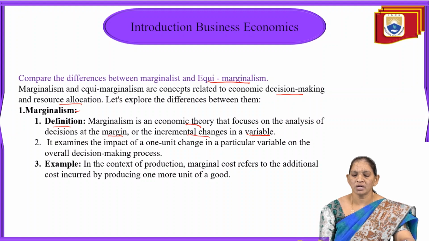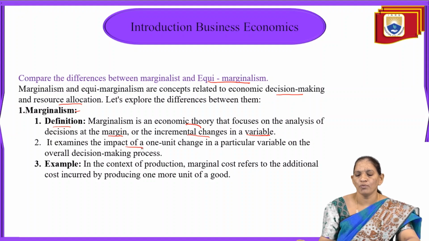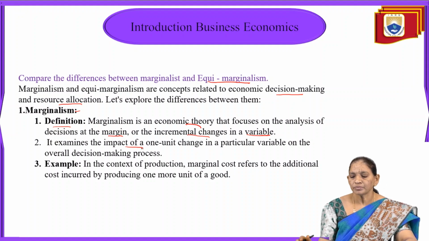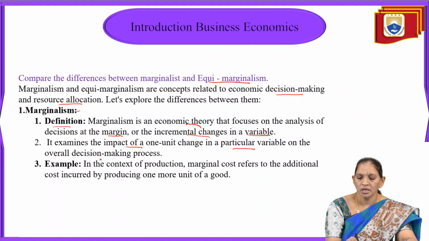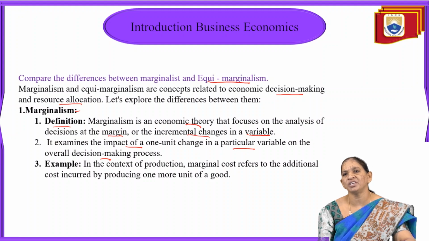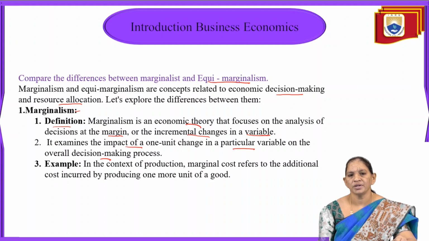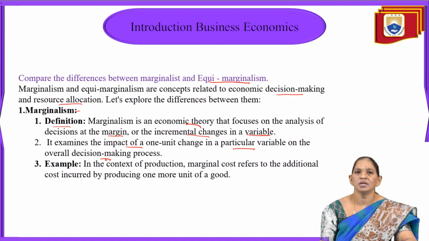So marginalism examines the impact of a one-unit change in a particular variable on the overall decision making process. Means the changes we have taken relating to the variable are incremental changes per unit. So what sort of impact will there be if one unit of the variable is changed, which gives the overall impact upon decision making.